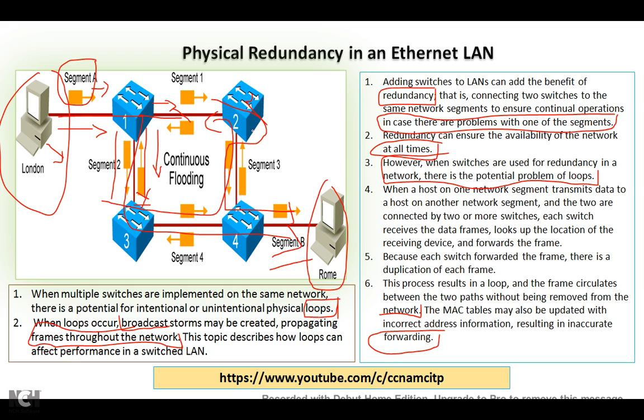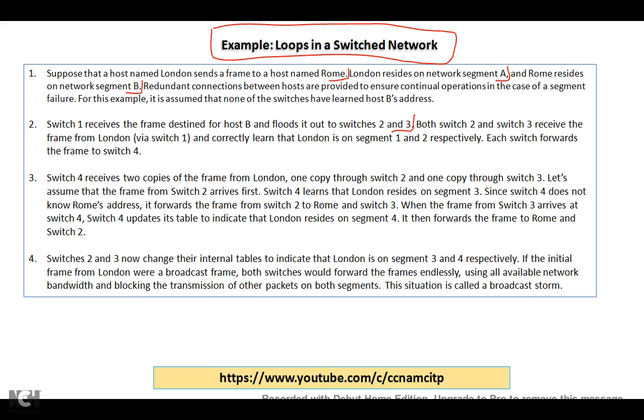So this is how the loop is occurring here, and the same data is going twice to the Rome PC also. Same thing is mentioned here also. Switch 4 learns that London resides on switch 3. Since switch 4 does not know Rome's address, it forwards the same frame from switch 2 to Rome and switch 3.